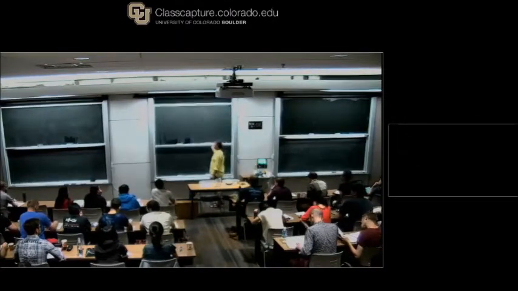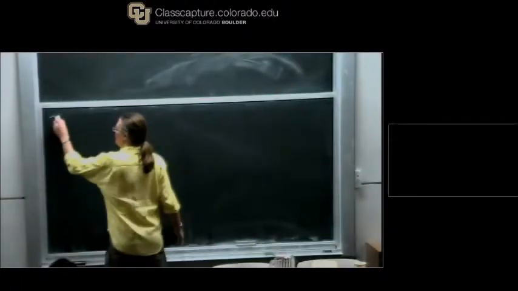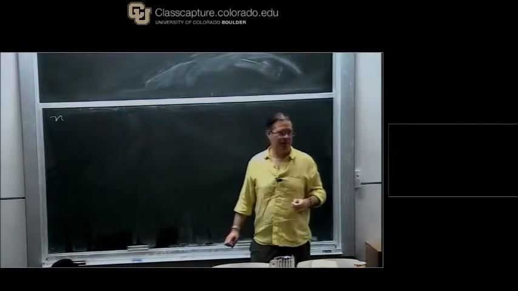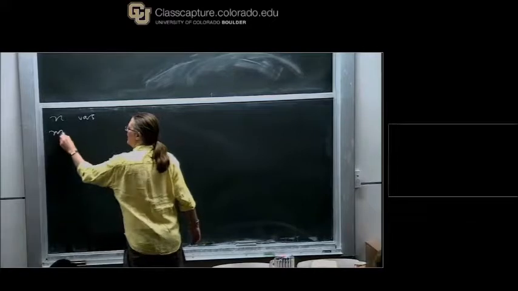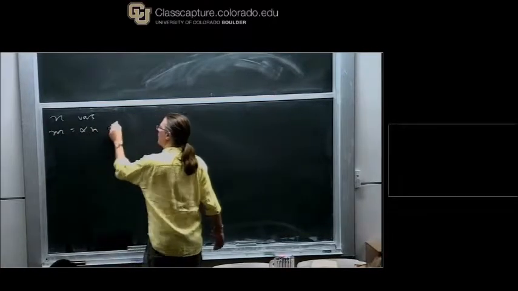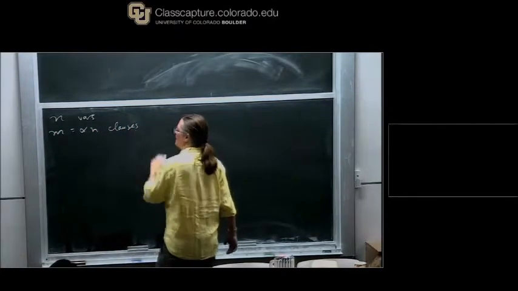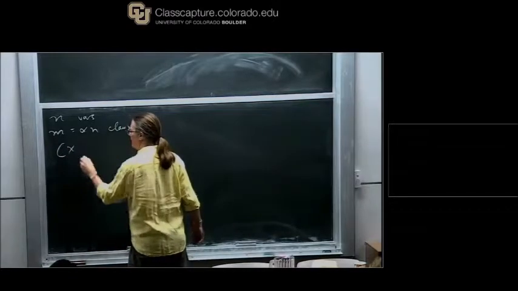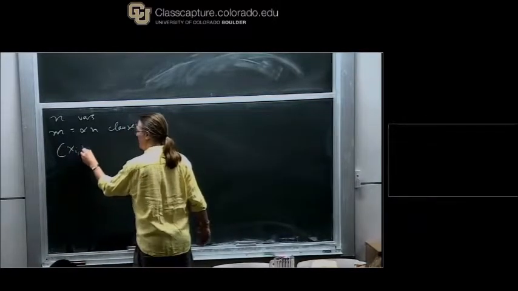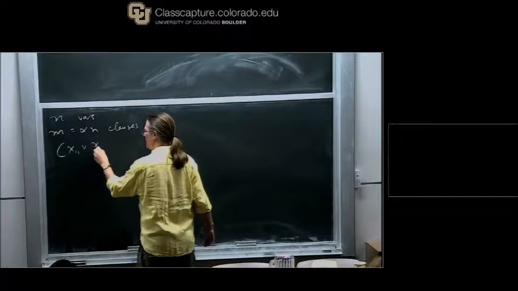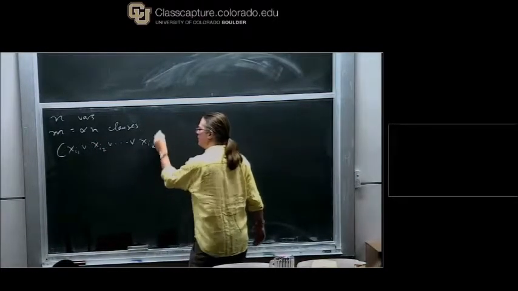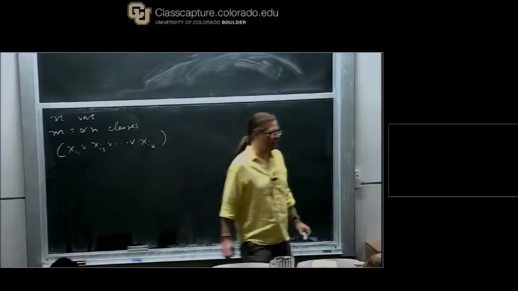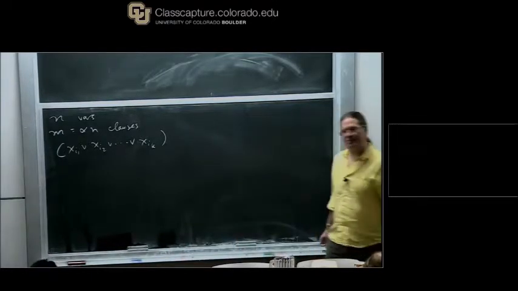So just to recap what we said yesterday, I'm going to make a random KSAT formula with n variables and m clauses, and each clause has k variables, which are chosen uniformly from all possible k-tuples.